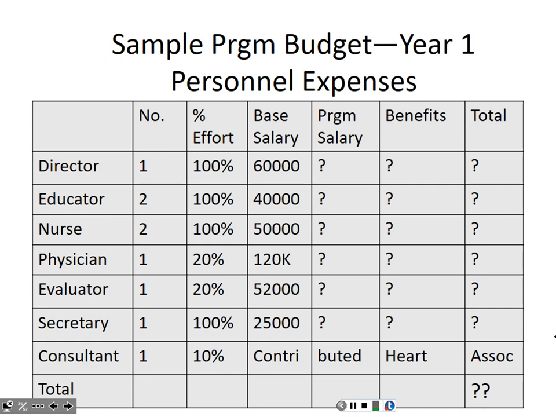You add what's in this final column, and that's your personnel budget for year one in a very simplified form. Okay? So please go ahead now and complete all of those question marks.